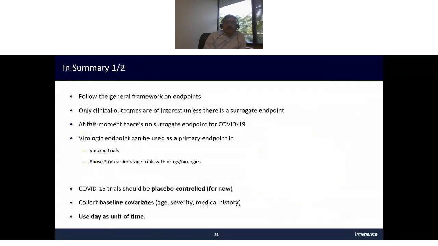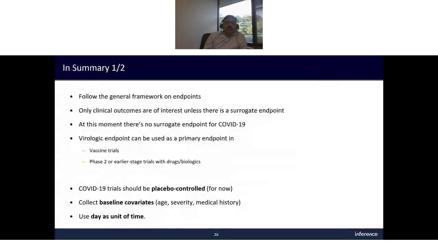So in summary, the first bullet says basically follow the general framework on endpoints. So how do you choose an endpoint? Whether there are multiplicity issues, missing data, right? All that you have to think about when you choose an endpoint, because you have to think what happens if somebody is lost to follow up.